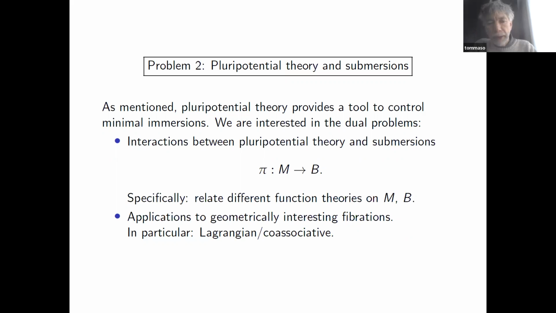And so what I would like to do is compare classes of functions on the manifold and on the parameter space of submersion for that manifold, and see how a plurisubharmonic function on M, for example, transforms if I push it down to B, or conversely.